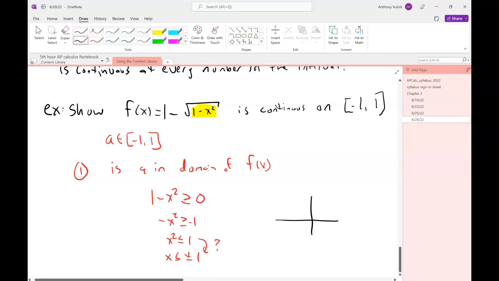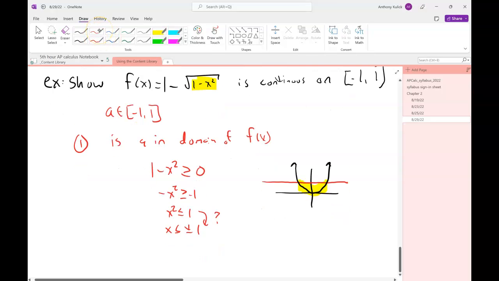So if I think about when is x squared, here's my x squared, here's the value 1. Where is that function less than 1? It's right in here, right?